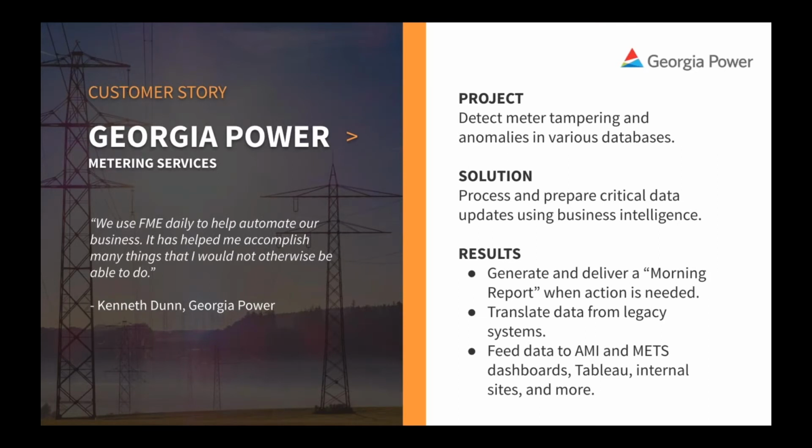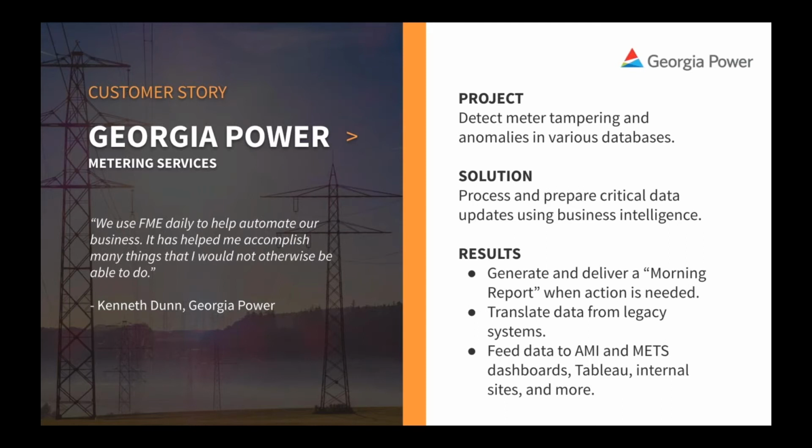So Georgia Power is an electric utility based in Atlanta, Georgia. The metering services team uses FME to compile and analyze data and perform data validation and quality control on various databases and datasets. In this specific example, they implemented FME to process a large database to then populate a morning report using business intelligence to provide updates to individuals only if their action is required.